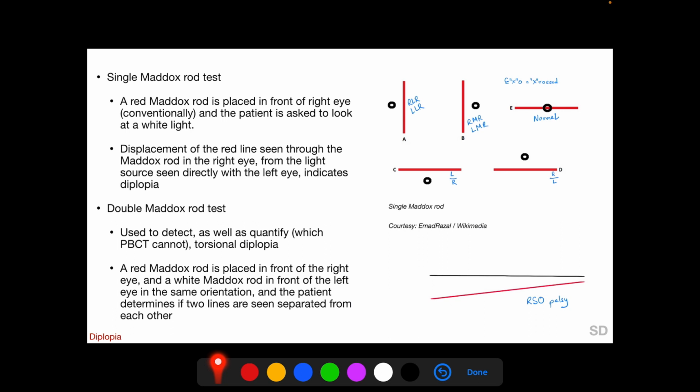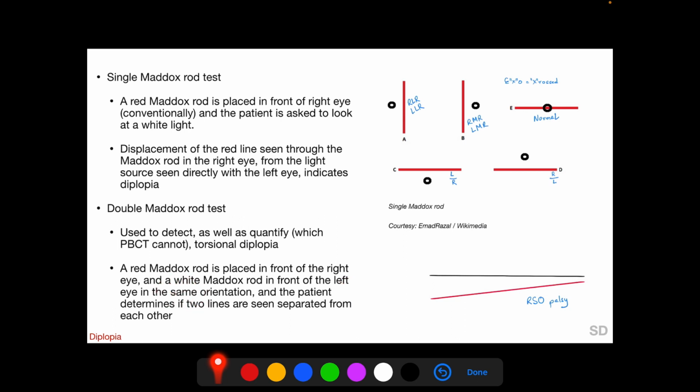A double Maddox rod test can be very useful in a torsional diplopia because it not only detects a torsional diplopia but can also quantify a torsional diplopia. A prism bar cover test, which can measure a horizontal or a vertical diplopia, cannot measure a torsional diplopia. A red Maddox rod is placed in front of the right eye, and a white Maddox rod is placed in front of the left eye in the same orientation.